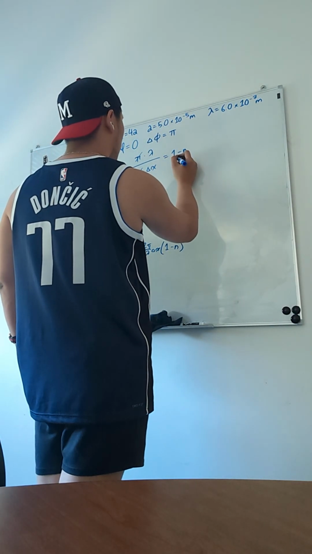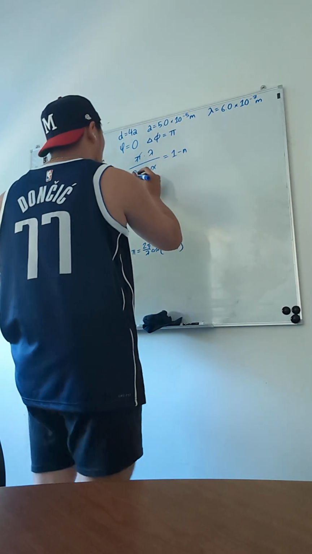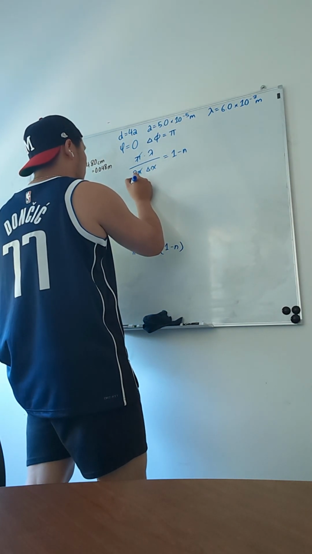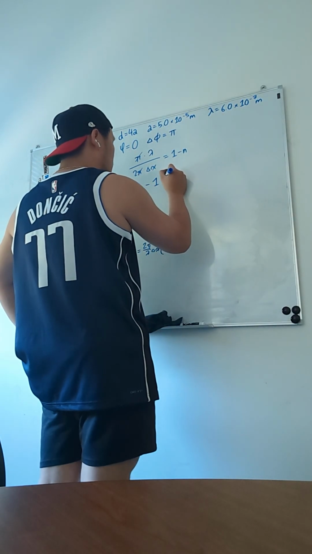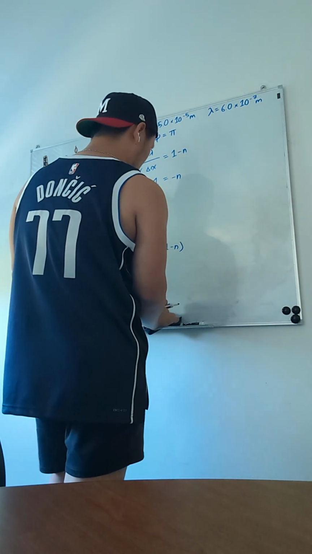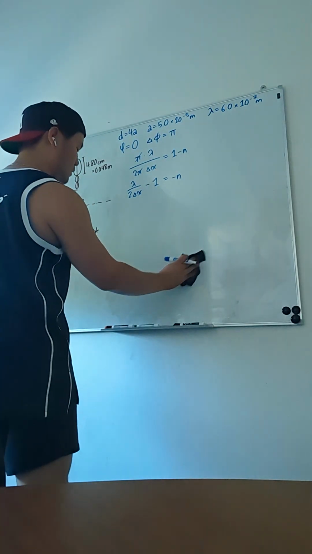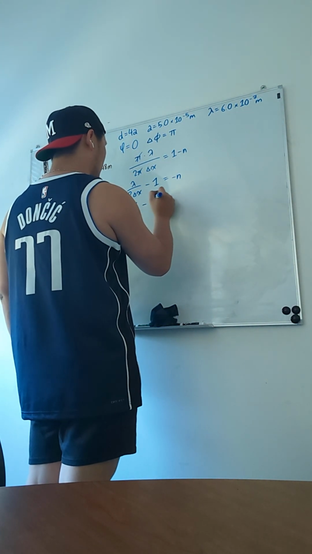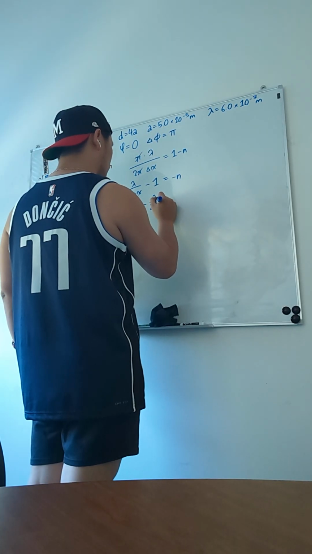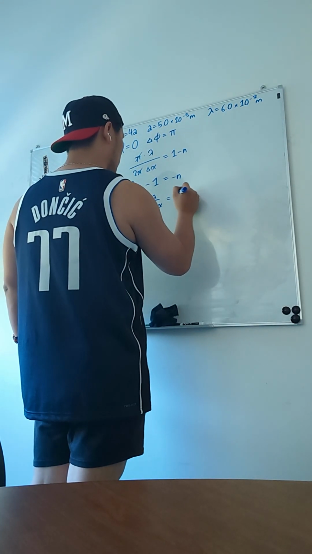Now we can subtract 1 over here. So what we're left with is lambda over 2 del x minus 1 is equal to negative n. Because we want our n to be positive, because that's our answer, we're just going to switch that over. So what we get is 1 minus lambda over 2 del x is equal to n.